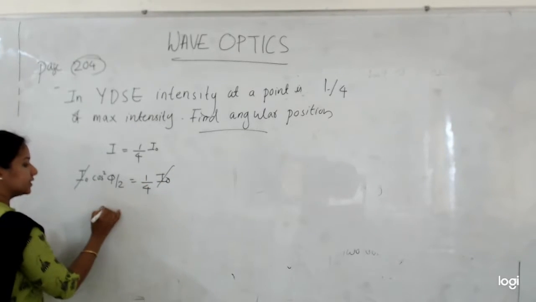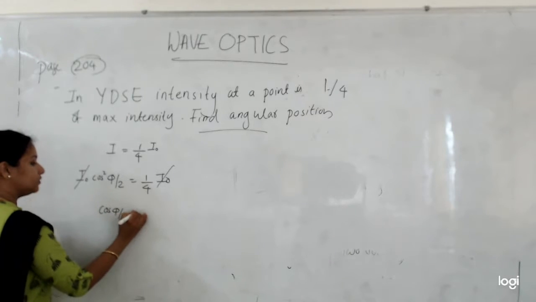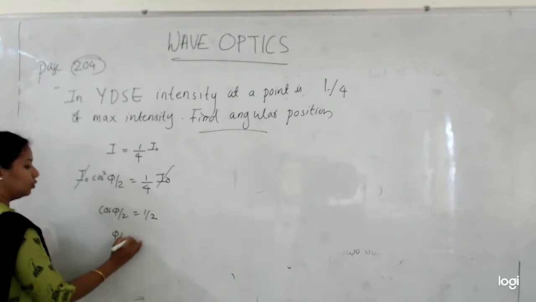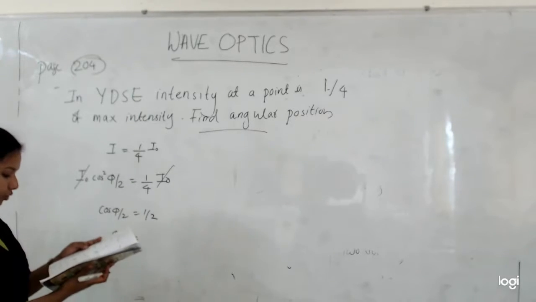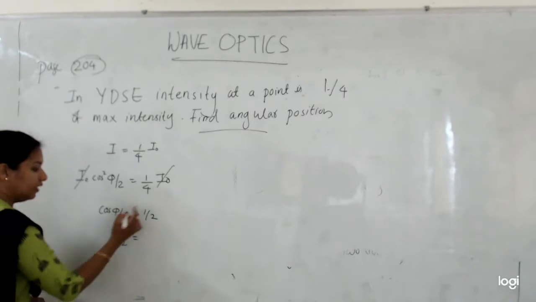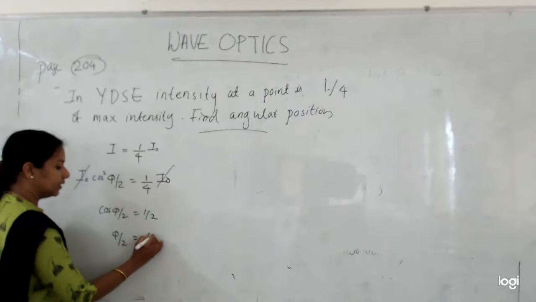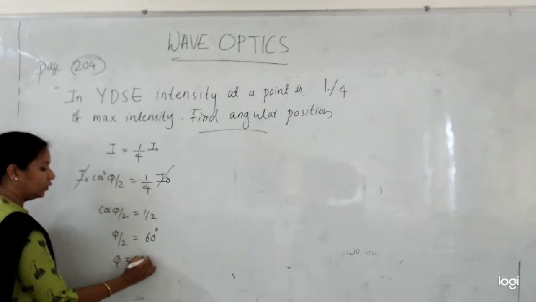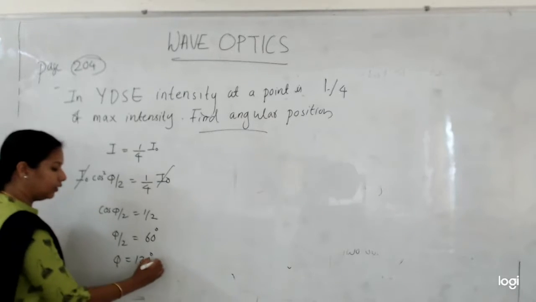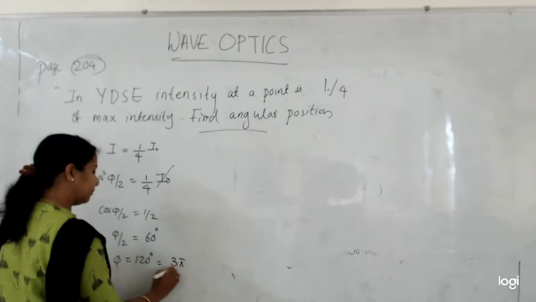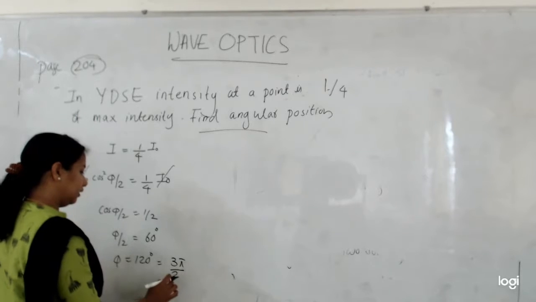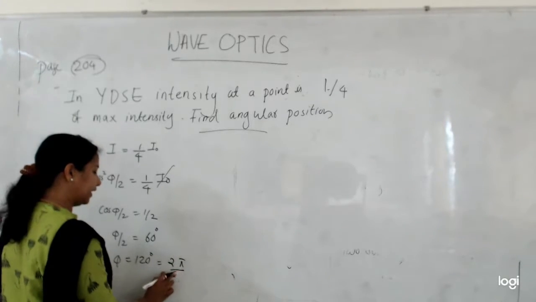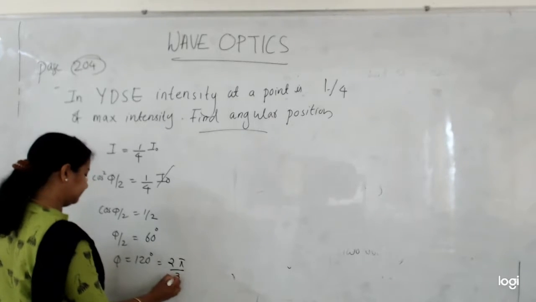I naught cancels. Cos phi by 2 is 1 by 2, so phi by 2 is nothing but 60 degree. That is, phi is 120 degree, which we can write as 2 pi by 3.